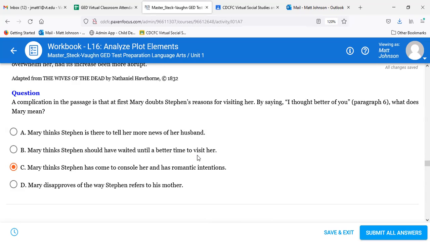That would be her thought, because he had tried to woo her before, right? That he wanted her romantic attention. So you would think the worst of somebody who comes to your door saying, hey, I just heard your husband's dead. The complication is, she thinks he's there for his own purposes and not to actually give her good news.